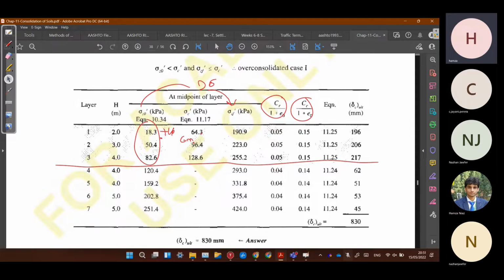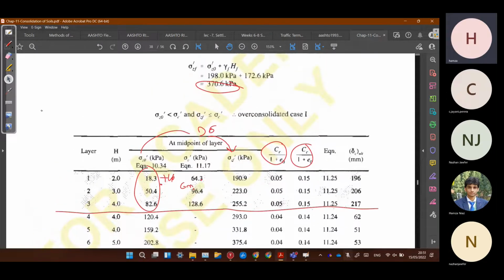Because we know this is the second case, the formula is the longer one. h times cr over 1 plus e naught, log of sigma c over sigma z naught. Why are we calculating sigma c in this particular case? Because this formula requires sigma c.